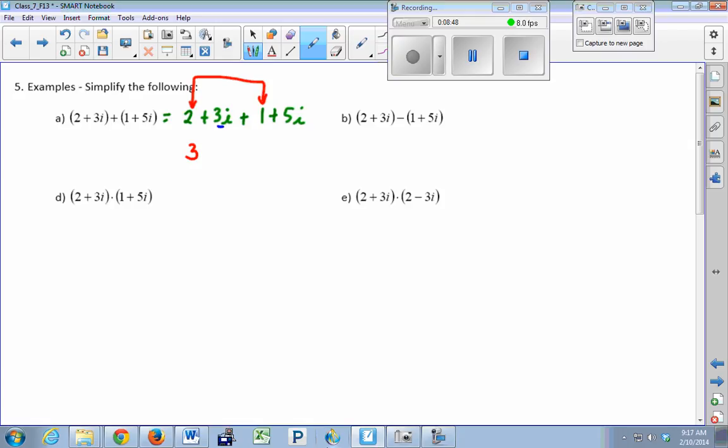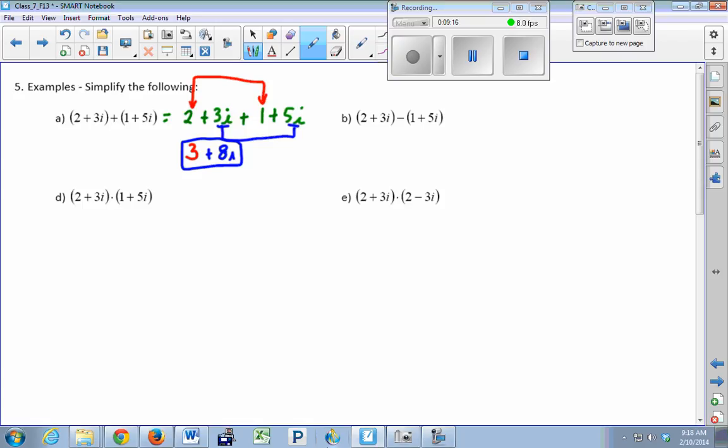And then you put together your imaginary terms, 3i and 5i. 3 i's and 5 i's make 8 i's. So there you go. You're all done. 3 plus 8i. Just like you would do if the i was an x. If the i was an x, you'd have 2 plus 3x plus 1 plus 5x. You'd call it 8x. Okay, so it's very similar.